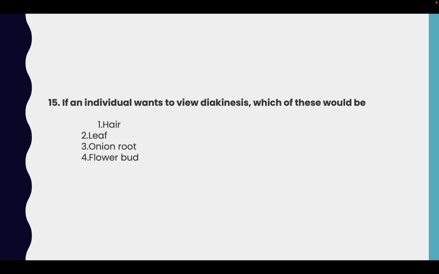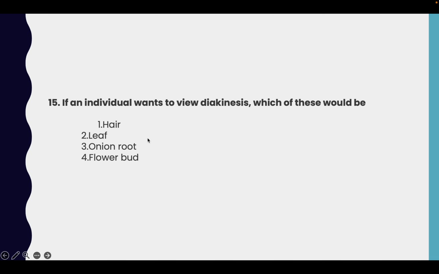Diakinesis is a particular final stage of prophase 1 where chromosomes are fully condensed and visible, which makes it ideal for observation. The flower bud is the best place to see diakinesis because meiosis happens in the reproductive parts of a flower. Hair does not undergo meiosis, and leaves also are not reproductive organs, so you would not see any meiosis there.